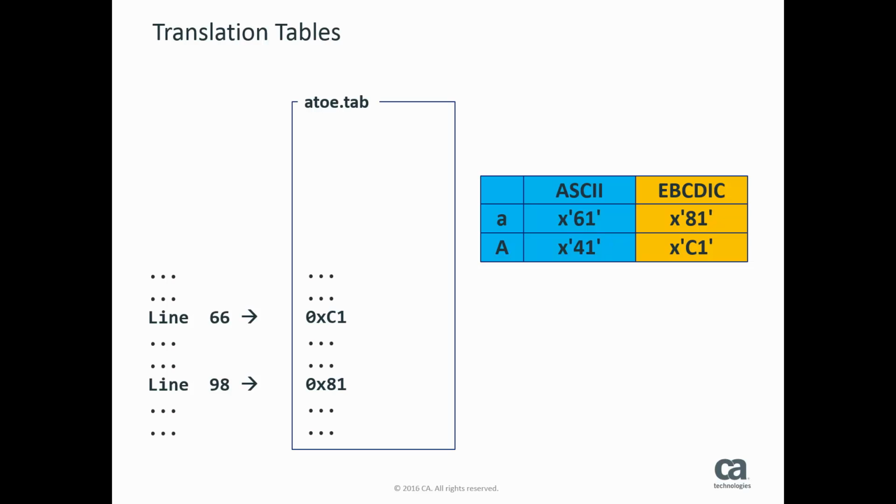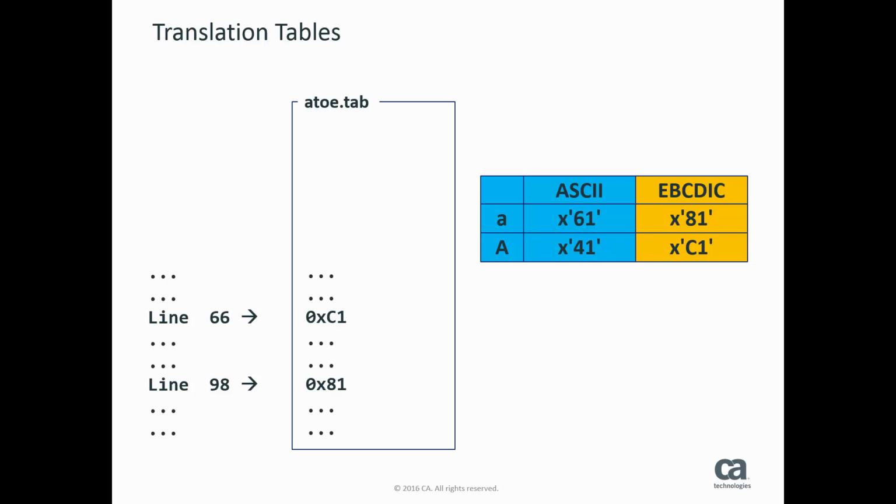The capital A is represented by ASCII value hexadecimal 41. So this leads us to line 66, in which we enter the EBCDIC value of the capital A, hexadecimal C1. If you would enter C2 instead, every capital A would be translated into a capital B on the other side.